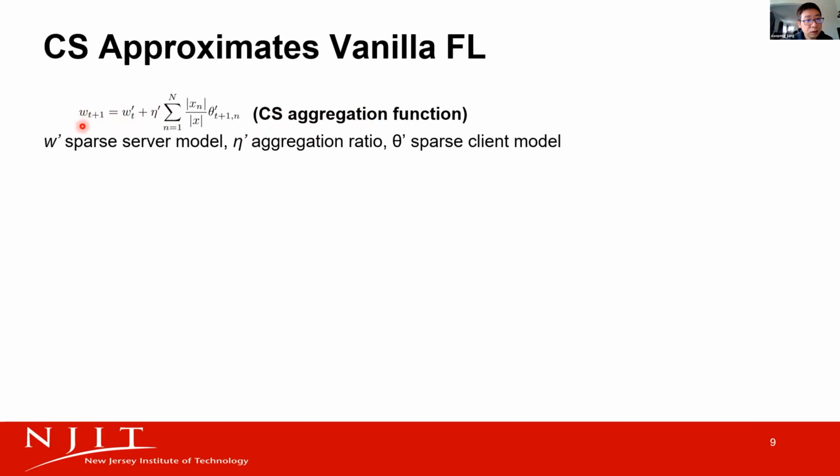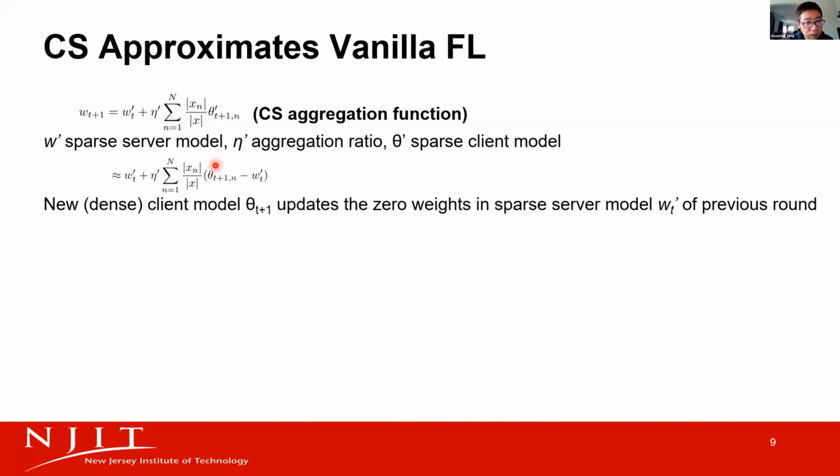So to produce a new global dense model, we aggregate the sparse server model together with the weighted sum of the sparse client's models with the aggregation ratio to amplify the client's outcomes.